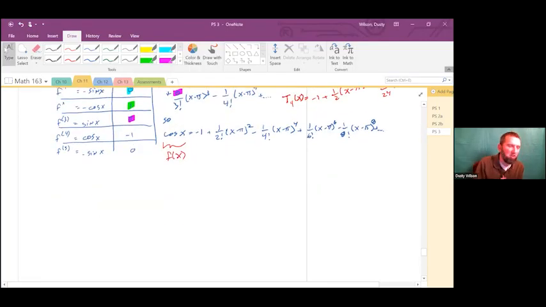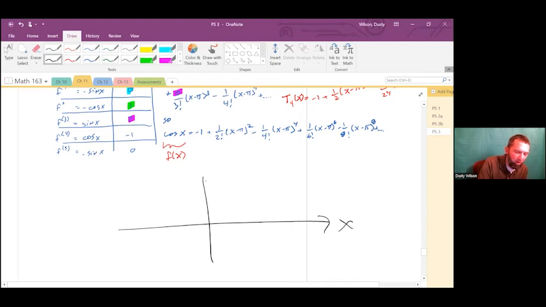So maybe it's a little bit cheesy, but let's just draw this into our notes so we remember what's going on. Here's our x and our y. And so we have our cosine function, which looks like this forever and a day, and it's going to continue oscillating.